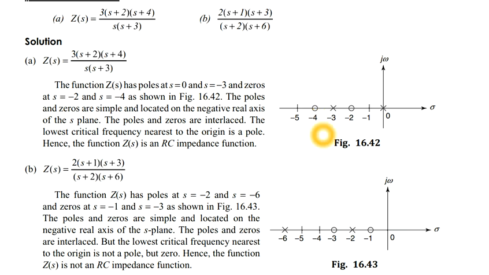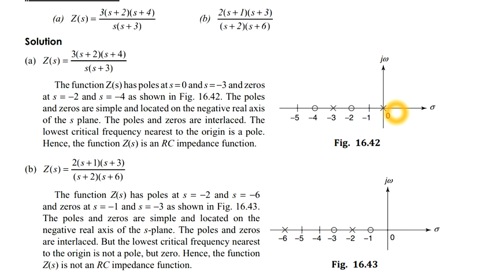Oh sorry, we have one pole at the origin also. That means near the origin we have a pole, which is the origin itself. That property is also satisfied here. Also for an RC function, the highest critical frequency, which is far from the origin, must be a zero, and that is also satisfied here.